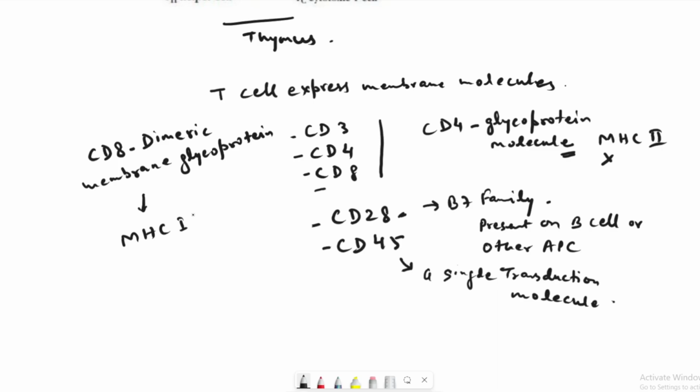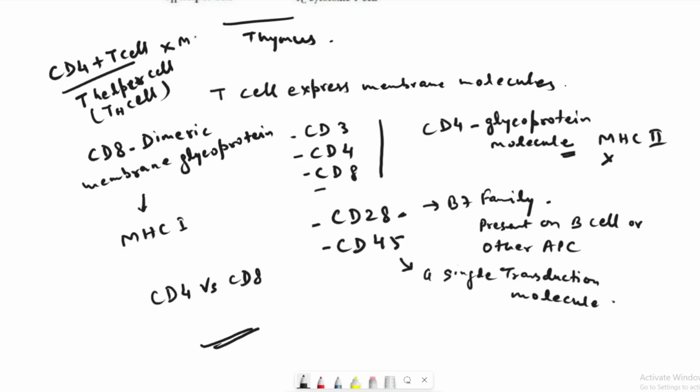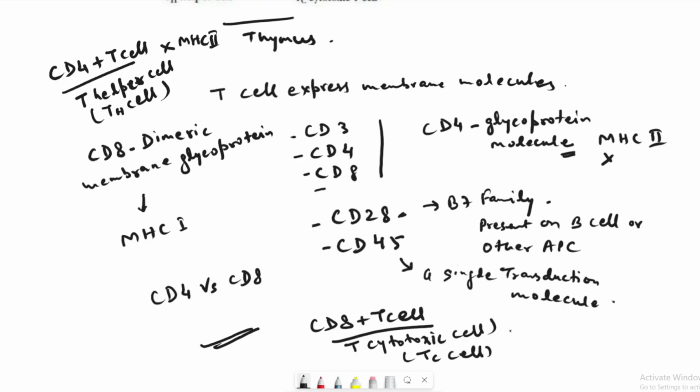Thus, the expression of CD4 versus CD8 also defines two major functional subpopulations of T lymphocytes. CD4 positive T cells generally function as T helper cells and are class 2 restricted. CD8 positive T cells generally function as cytotoxic T cells and are class 1 restricted.